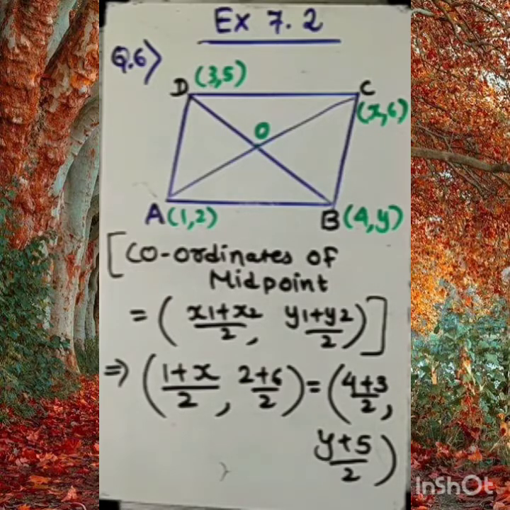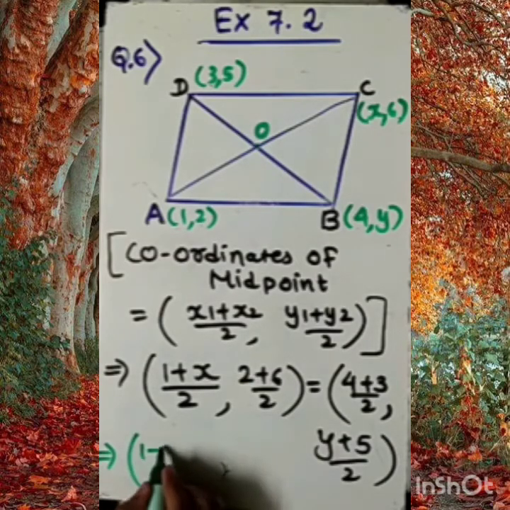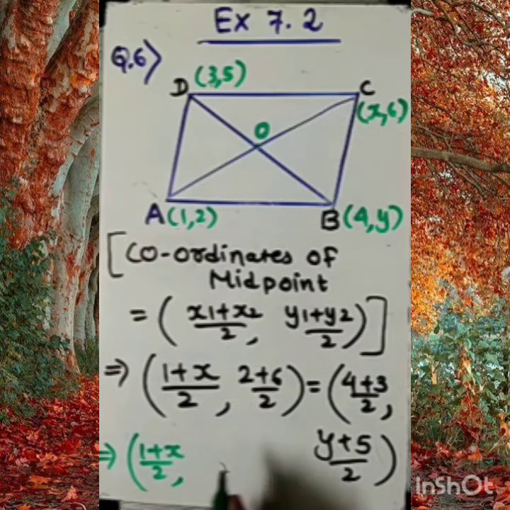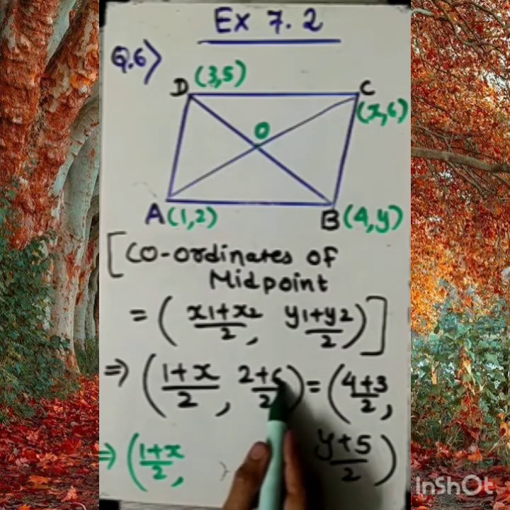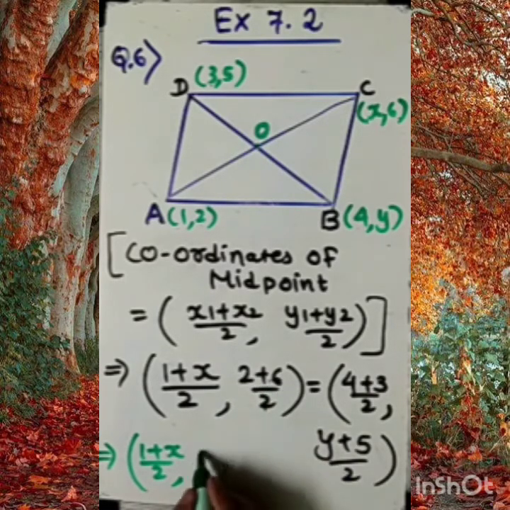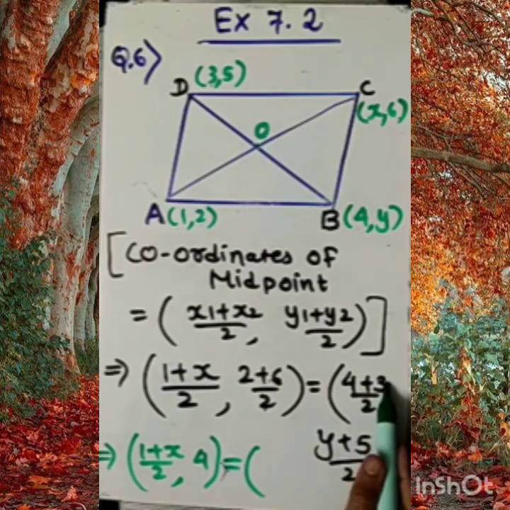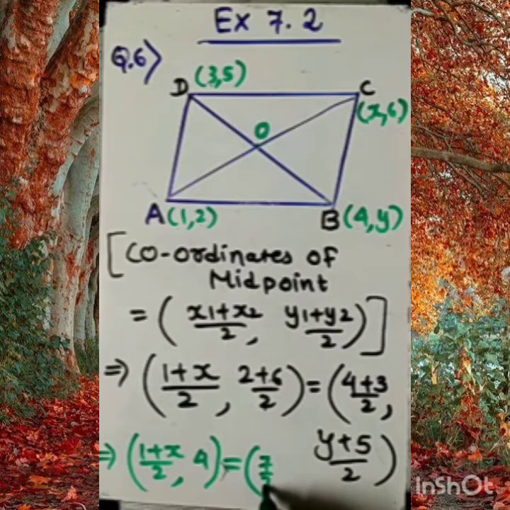So what do we have? Let's check. 1 plus x by 2, let it be as it is. 2 plus 6 is 8, 8 divided by 2 is 4. Agree? Equal to 4 plus 3, that is 7 by 2, and y plus 5 by 2 remains the same.